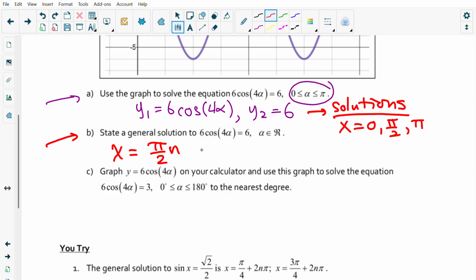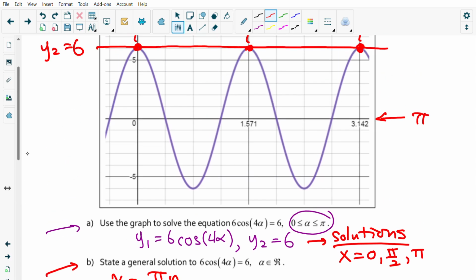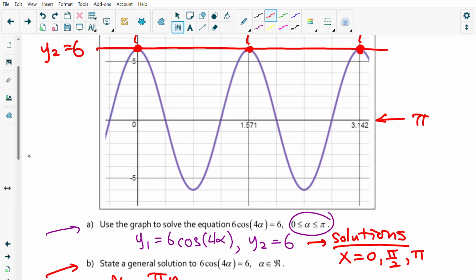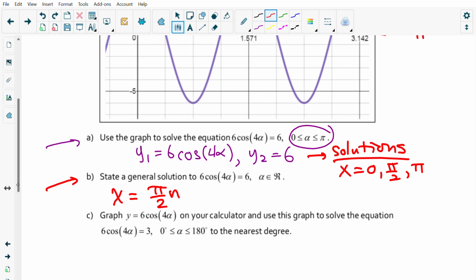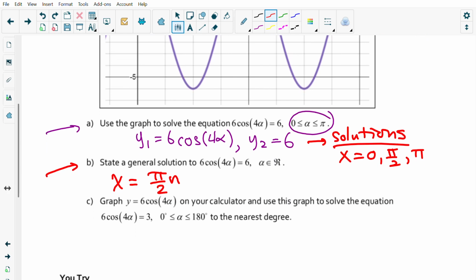Okay, so and n is an element of all integers, right?